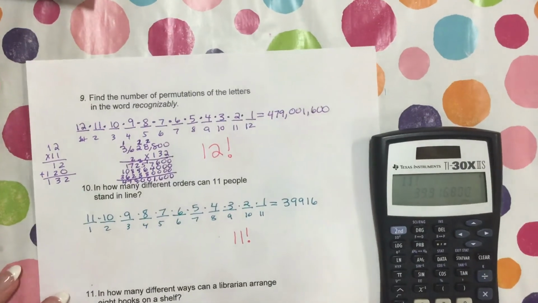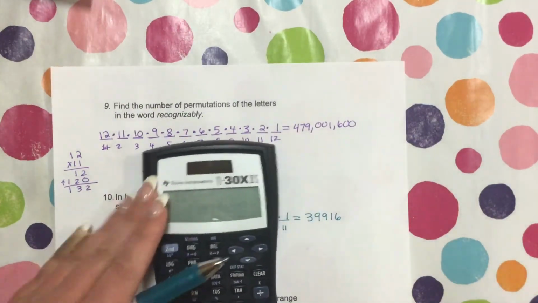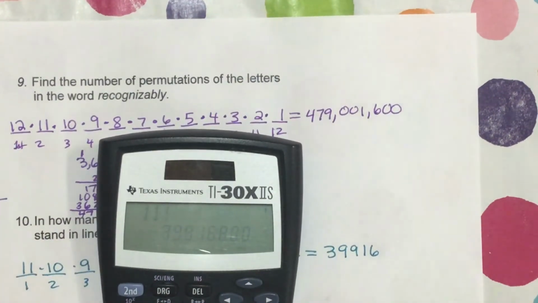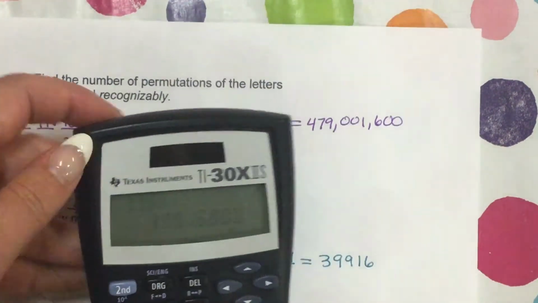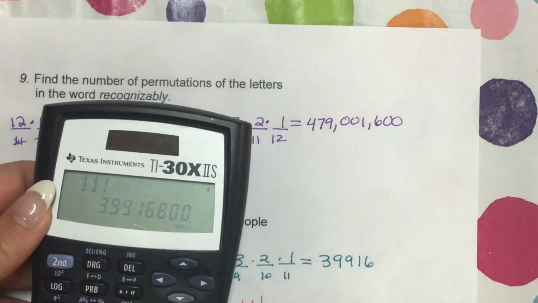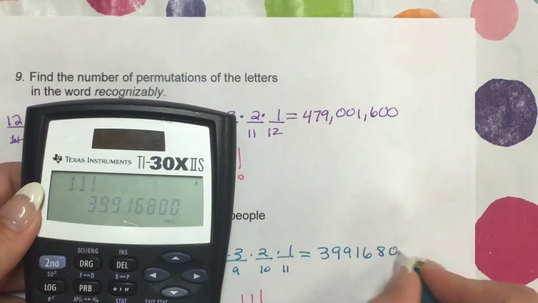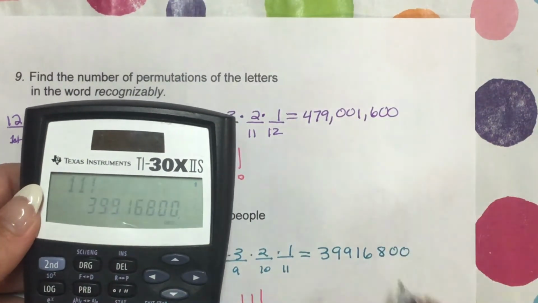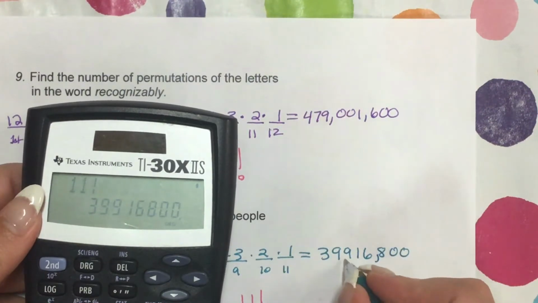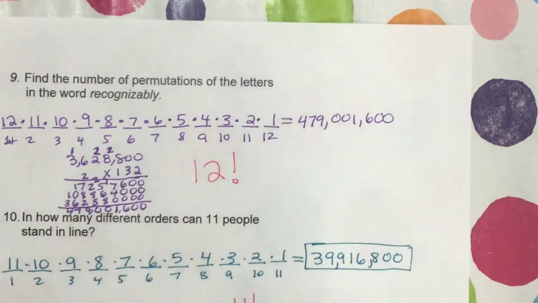Let's zoom in here. Can you see? It's kind of hard to see for some reason. There. Is that better? Yeah, it's better. 3, 9, 9, 1, 6, 8, 0, 0. All right. And there we go. There's our answer. So if you got that one right, great job.